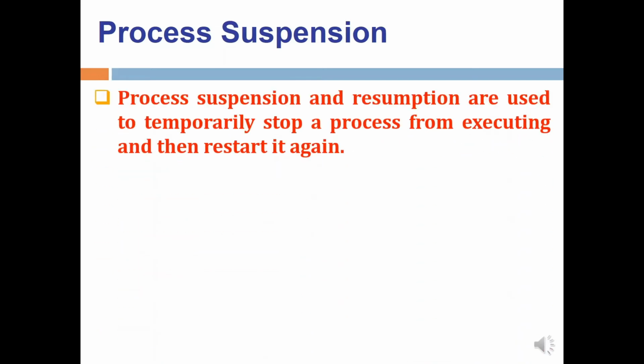Now coming to process suspension. The process suspension and process resumption are used to temporarily stop a process from executing and then restart it again. For process suspension and resumption, the medium-term scheduler works.